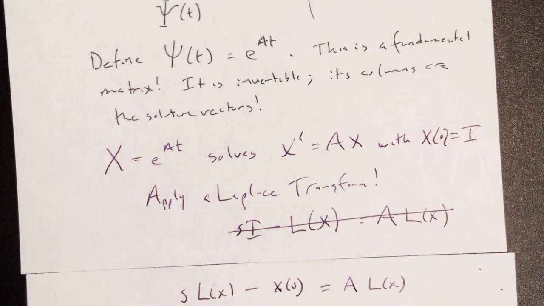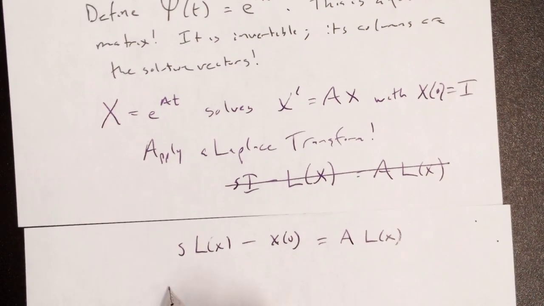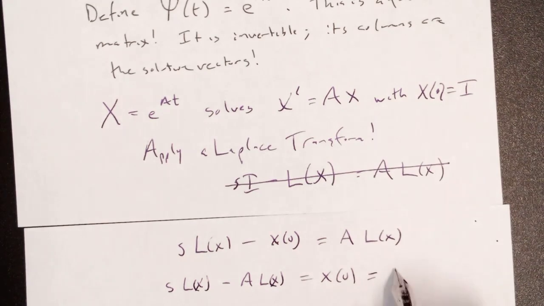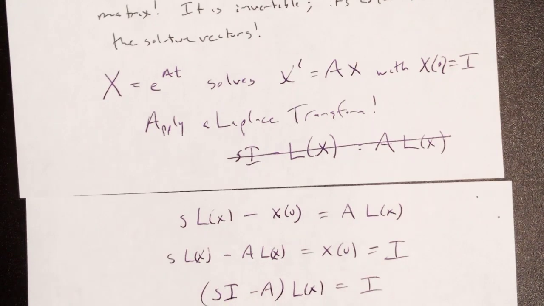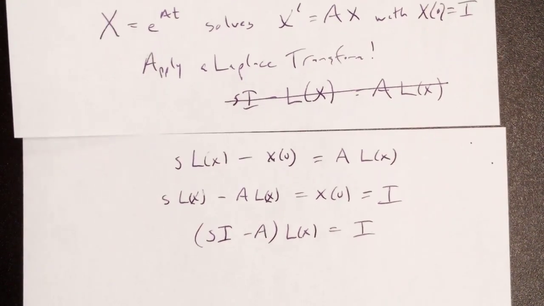So let's rearrange. I get S L of x minus A L of x equals x of 0, but we set up here that x of 0 is the identity. Hey, wait a second. I can factor an L of x out of this. S times the identity minus A, times L of x, is the identity. I have two matrices that are multiplied together, and I get the identity. That makes them inverses of each other.